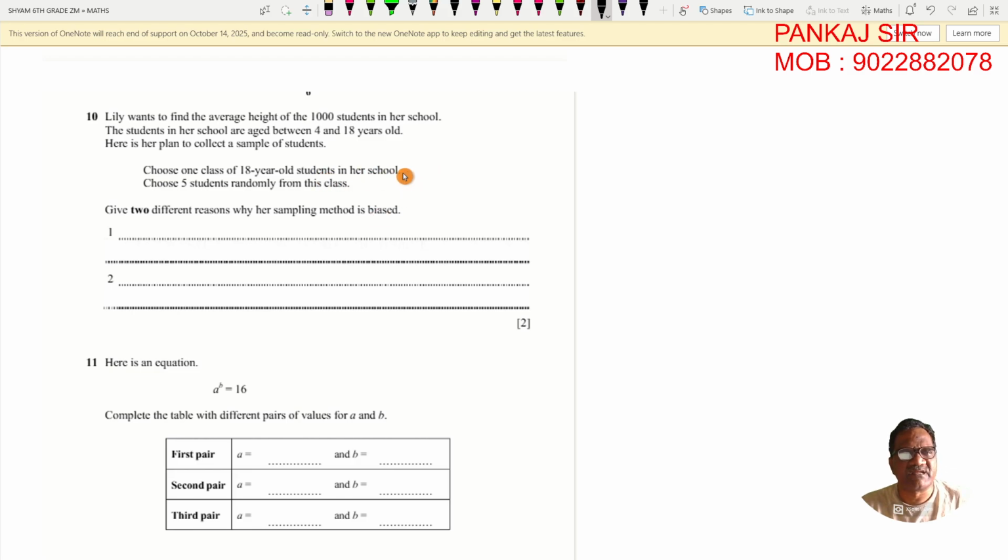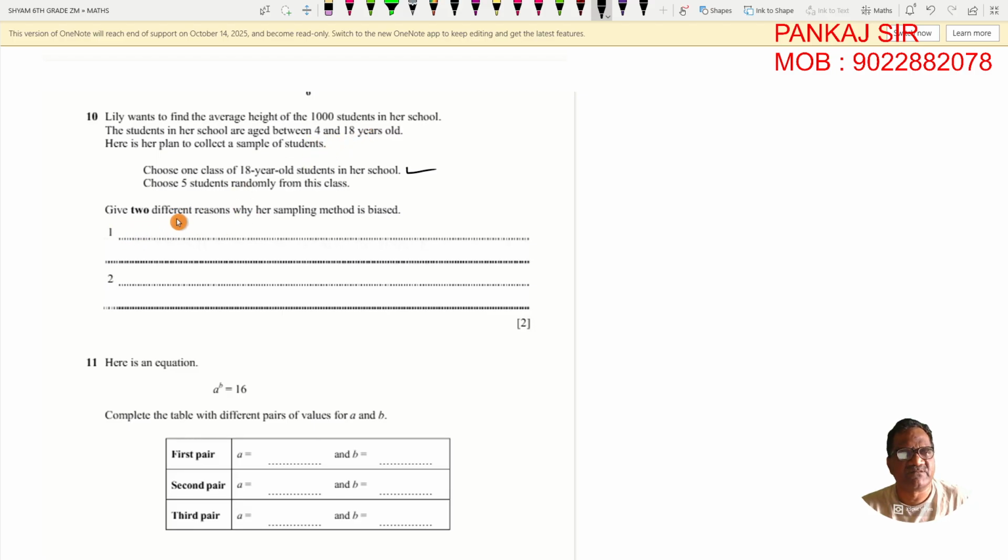So the first one is she tries to choose 18-year-old students in her school. She is trying to choose a class of only 18 years, but she wants to find the average of 1000 students whose ages vary from 4 to 18 years.